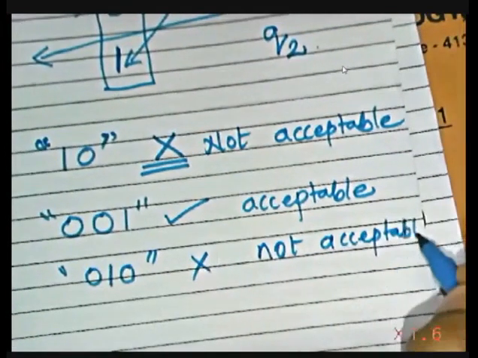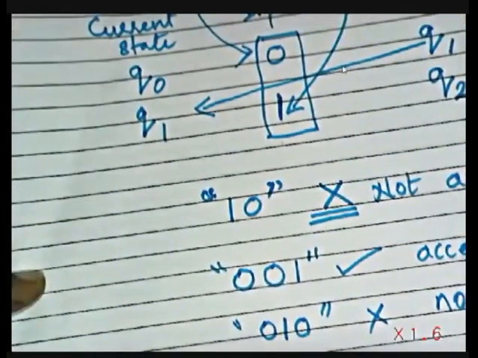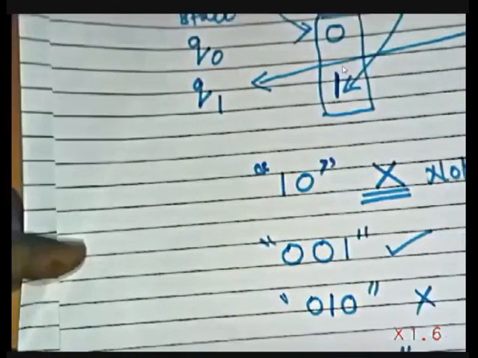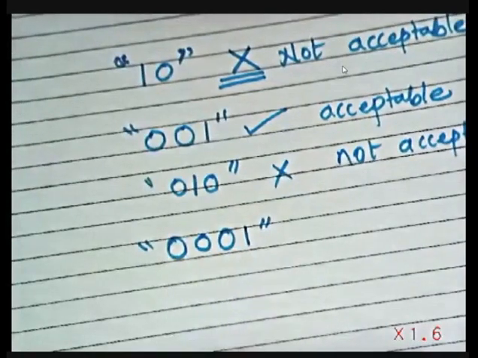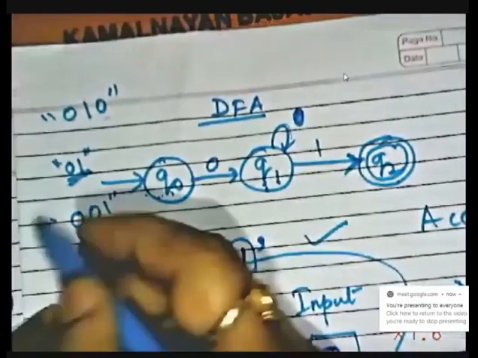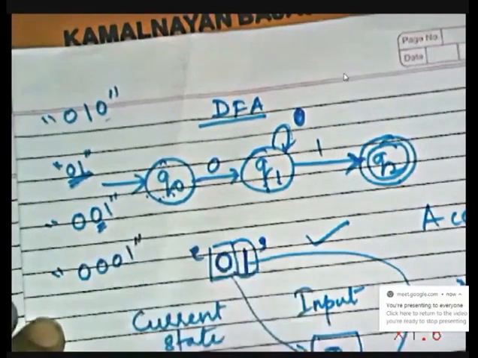Now one more question. If I give you the input as 0, 0, 0, 1, will it be acceptable? Once again, I am writing here 0, 0, 0, 1, right?